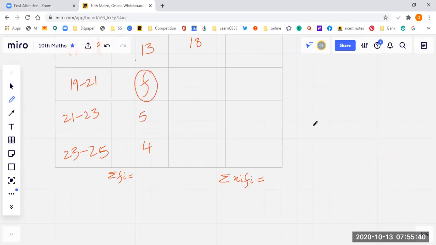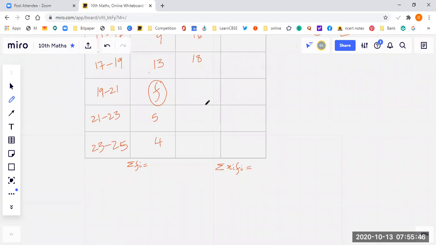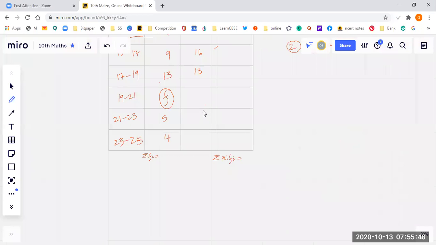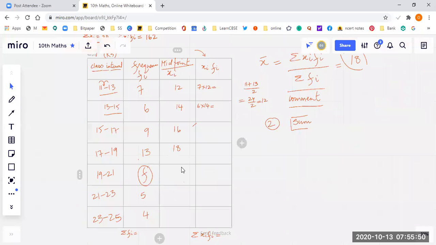Now the interesting thing is you will add f to the remaining digits. How? It's simple, not so difficult. Just add 7 plus 6 plus 9 plus 13 plus 5 plus 4. Once you add all of them, you will write that number plus f.